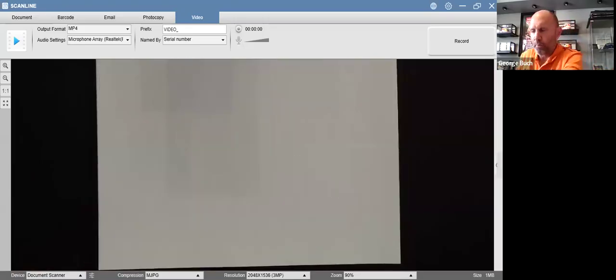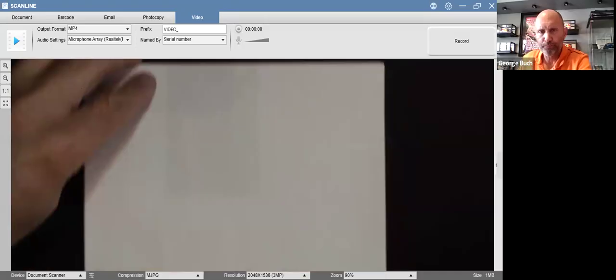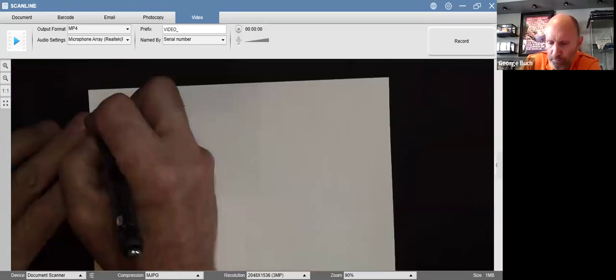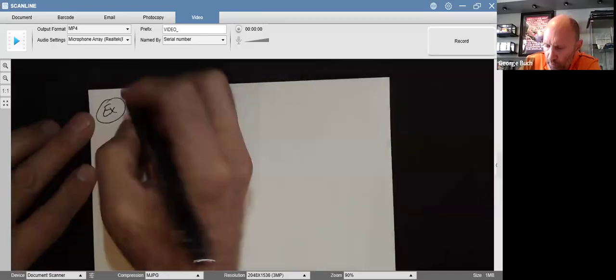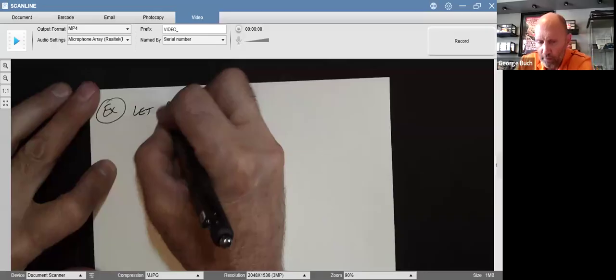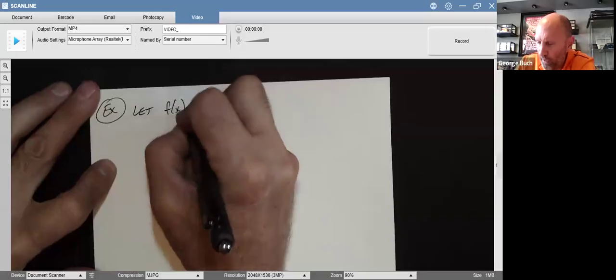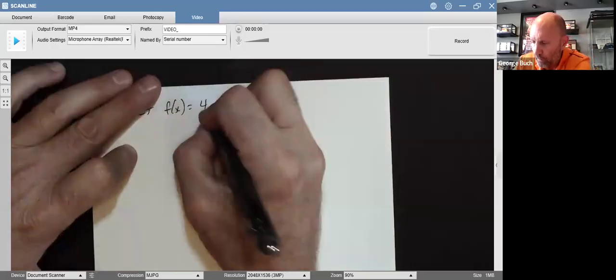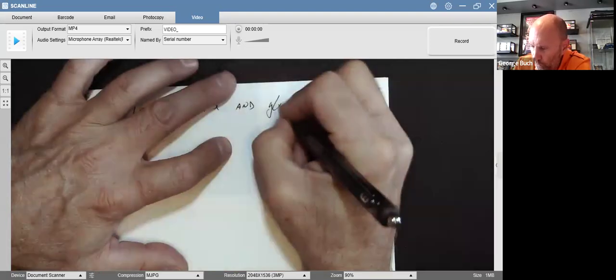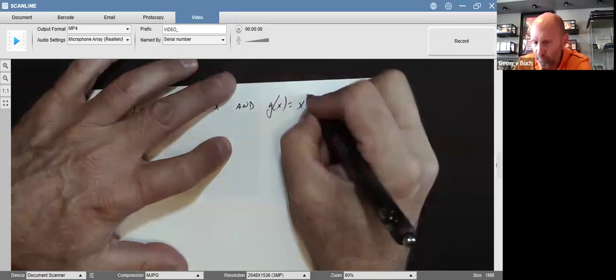All right, and then our composite functions. And there's basically two types of problems you guys are going to have to know how to do. The first one, so let's use the same functions. So let f of x be 4 minus x, and g of x is equal to x squared minus 3x.